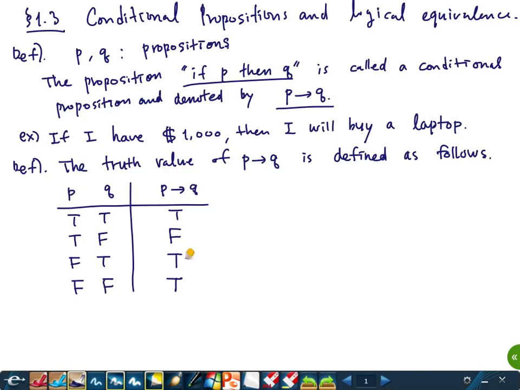In fact, this is the usual way to define this truth value. This definition is natural in the following sense. Let me give you a statement like this.